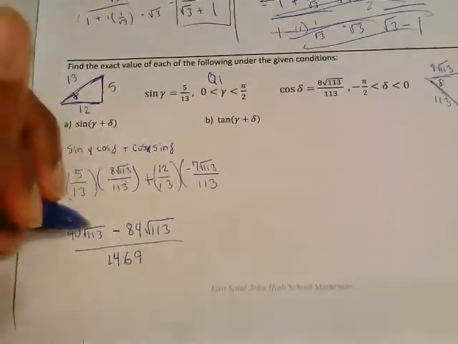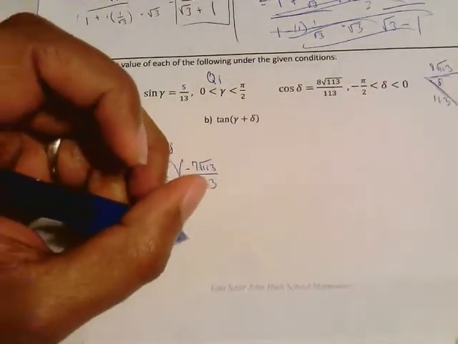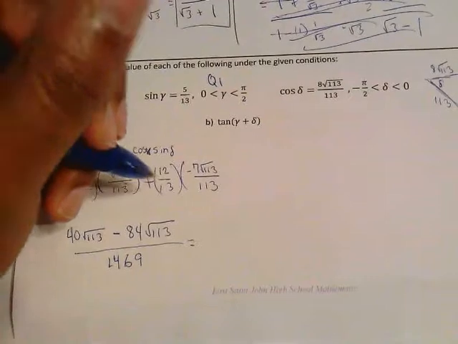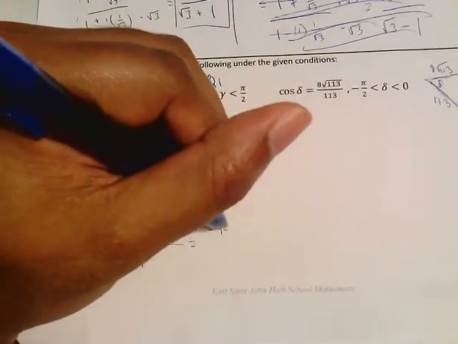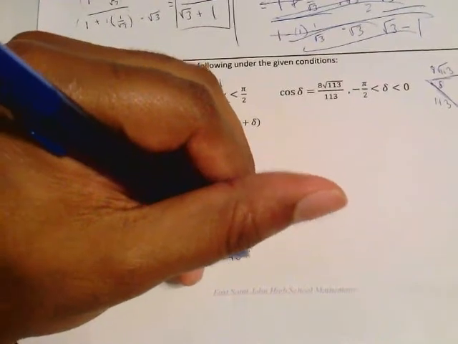And since both radicals are the same, we can combine across our numerator, which leaves us with negative 44 square root of 113 over 1469.